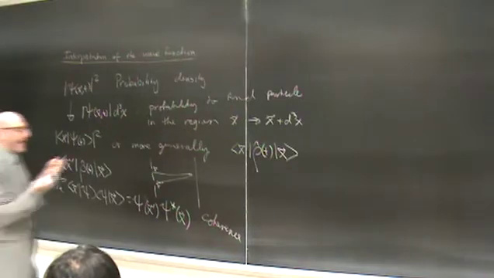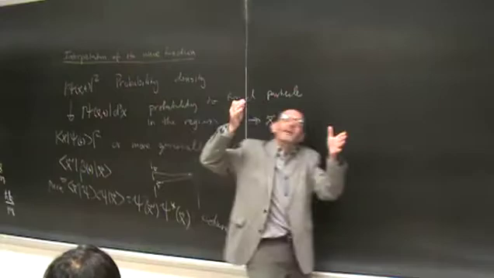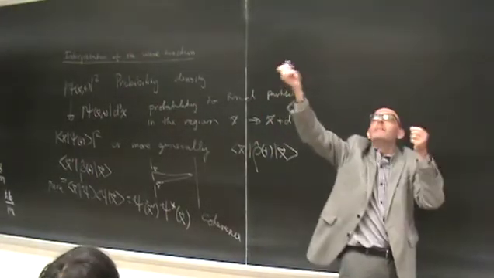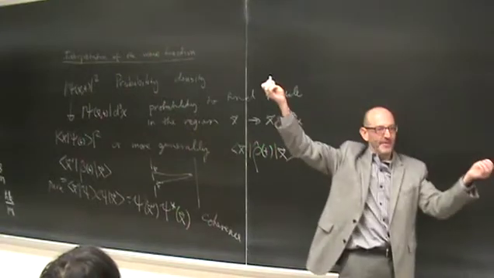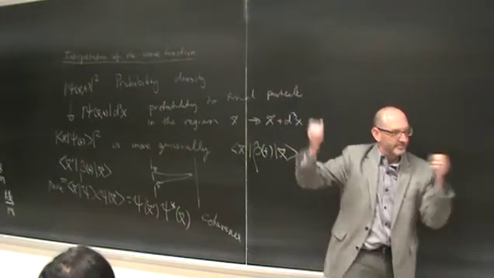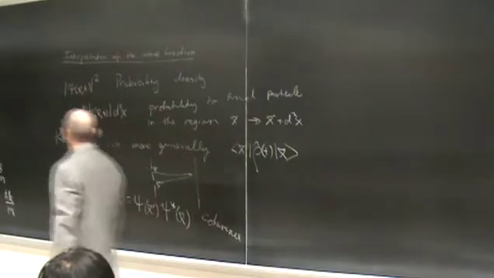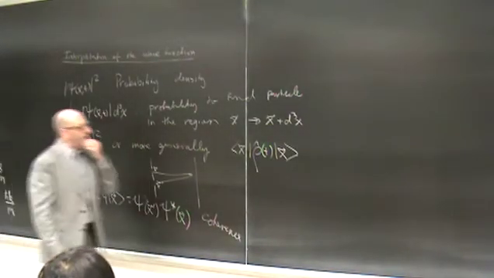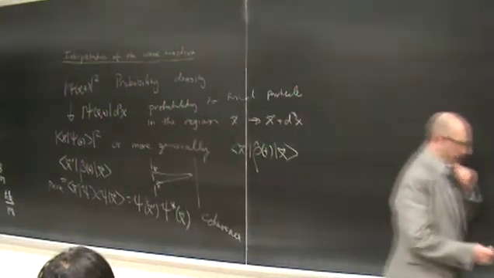I can have a situation where I have a beam that has a big uncertainty about where the particle is, but it may not exhibit coherence over that range. So that's one part of the interpretation, the probability density and the coherences.